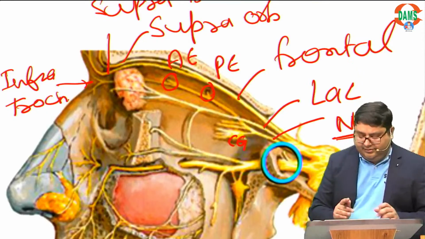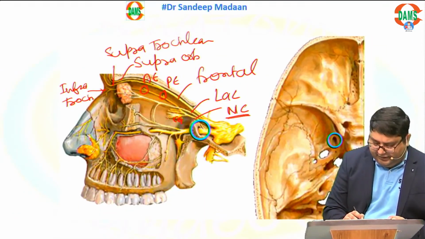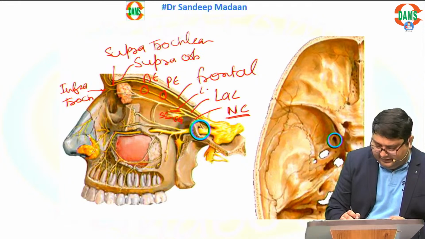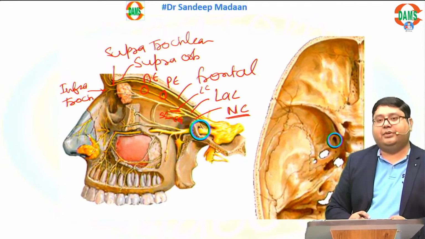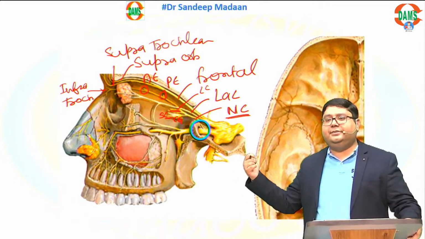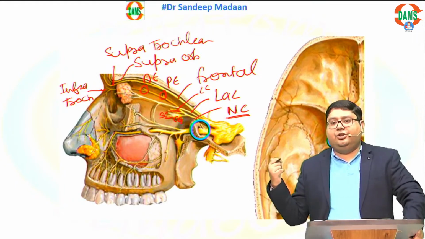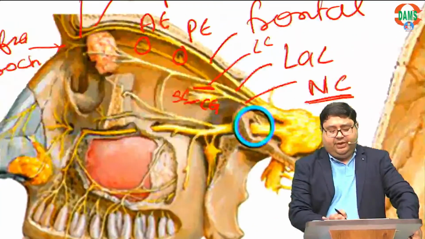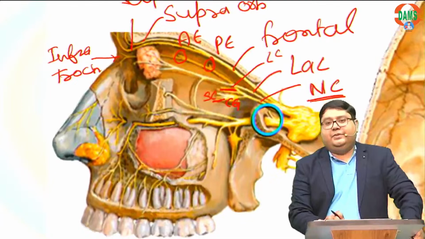So what is the labeling? We can say these fibers are short ciliary, whereas these fibers are long ciliary fibers. So far so good. Could you understand? This nasociliary, short ciliary, long ciliary, all this distribution. Let me zoom in to show you everything up to this much part is okay.